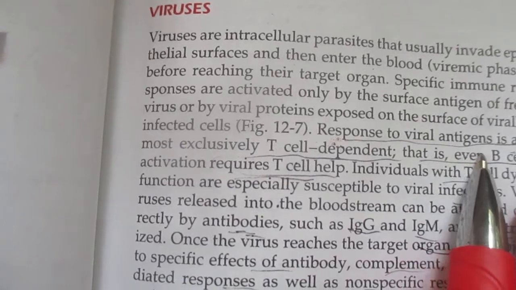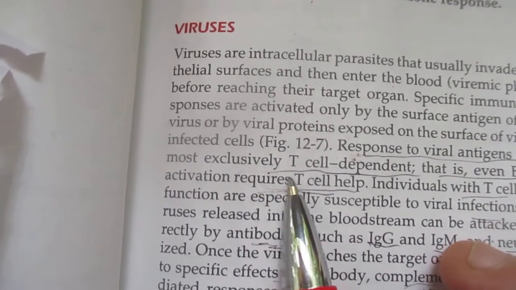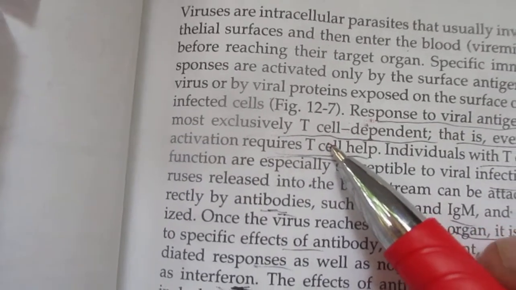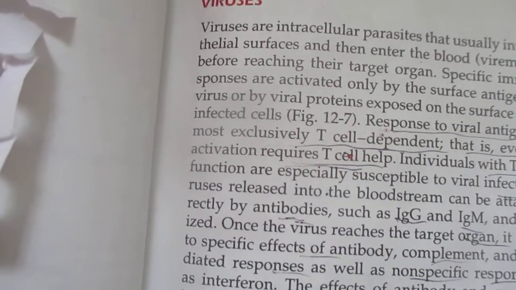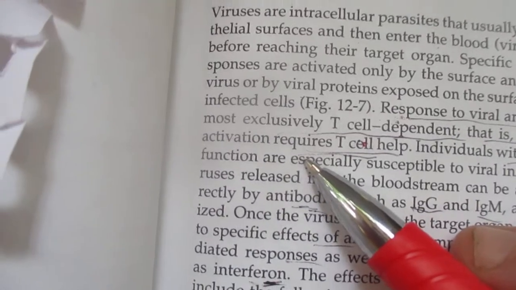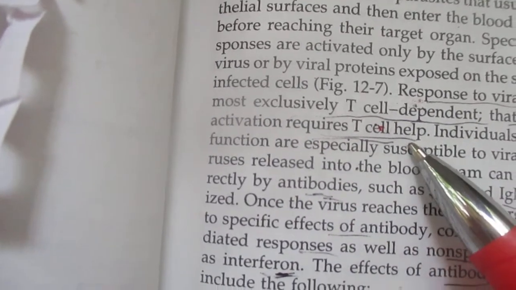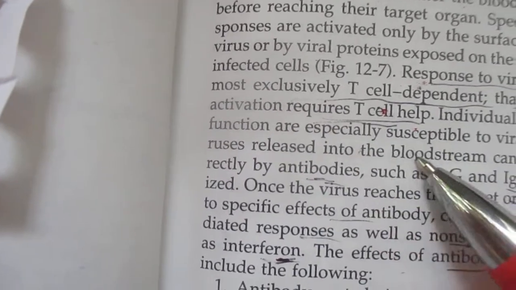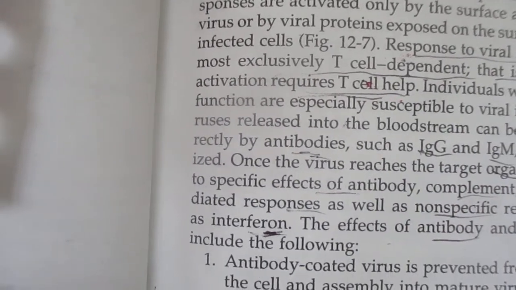Response to viral antigens is almost exclusively T cell dependent. That is, even B cell activation requires T cell help. Individuals with T cell dysfunction are especially susceptible to viral infections.